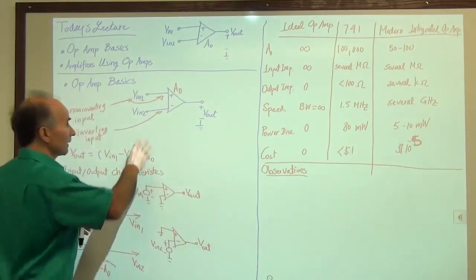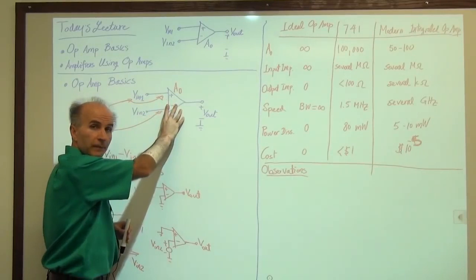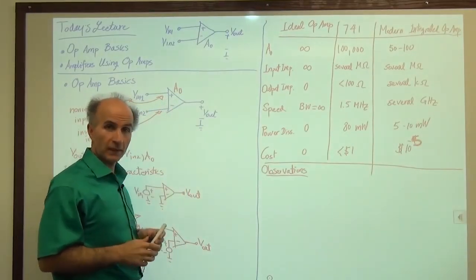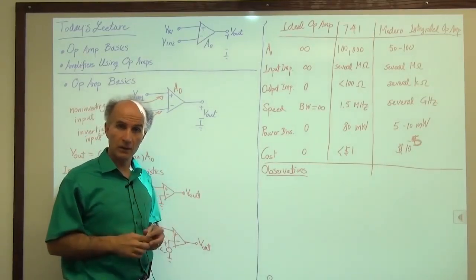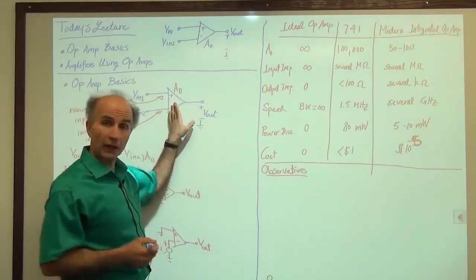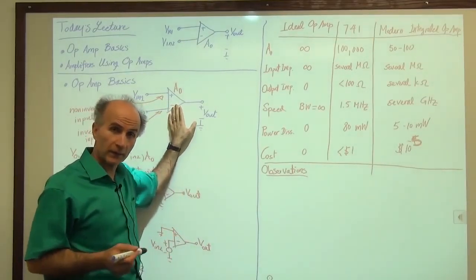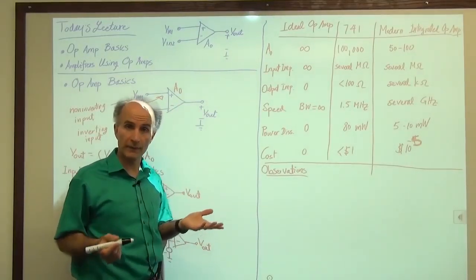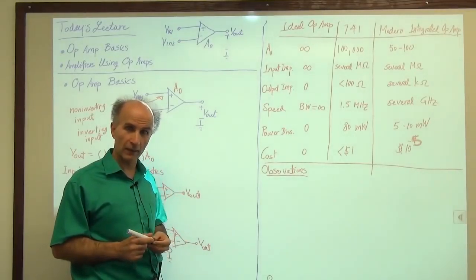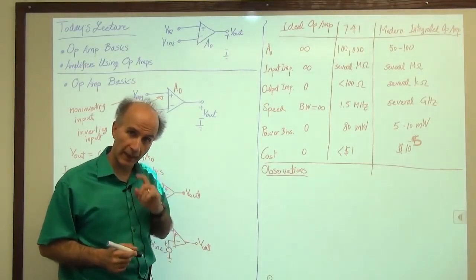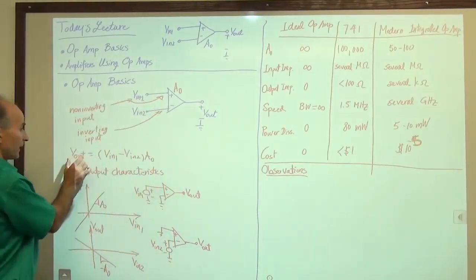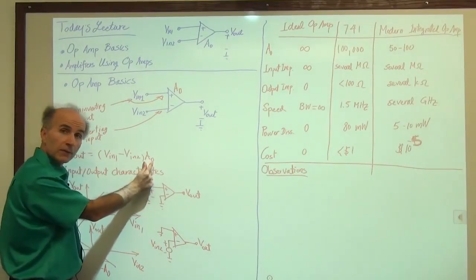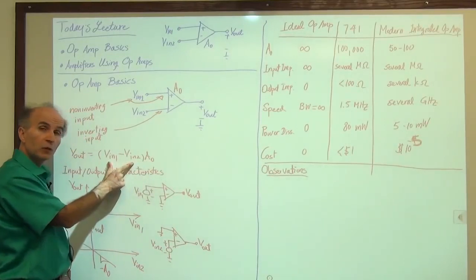Well, if the gain of this op-amp is very large, but the output voltage swing is not very large, so let's say the gain of this op-amp is 100 or 1,000, but the output voltage here is only a few volts, as you would expect in reality. Then if this is a few volts, and this is, let's say, 1,000, then this is a few millivolts.